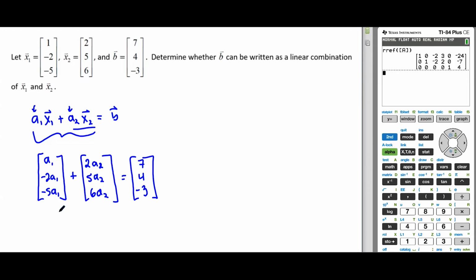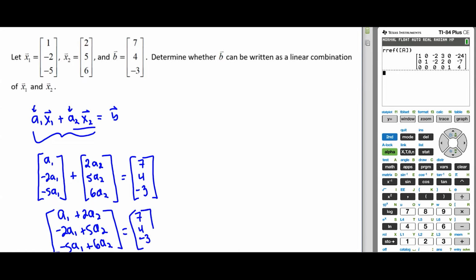And if we add these together, we get a1 plus 2a2, negative 2a1 plus 5a2, negative 5a1 plus 6a2, equals 7, 4, negative 3.